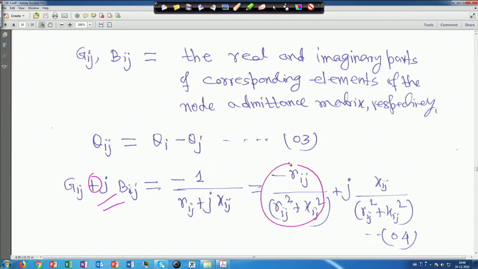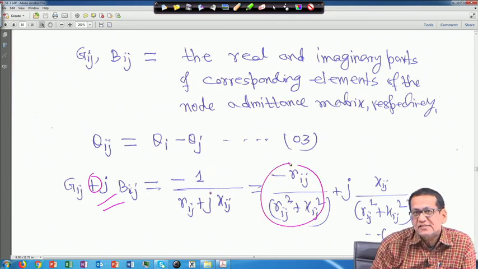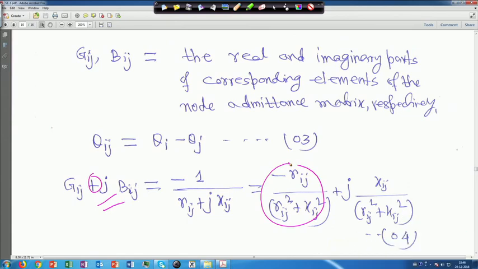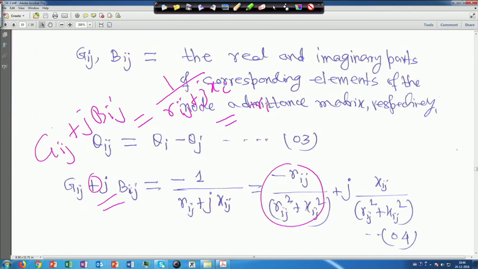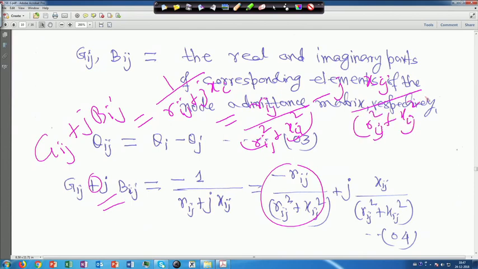So, this part will be minus R_ij upon R_ij squared plus X_ij squared, plus jX_ij divided by R_ij squared plus X_ij squared. Later we will simply take G_ij + jB_ij equal to 1 upon R_ij + jX_ij, that is R_ij divided by R_ij squared plus X_ij squared, minus jX_ij divided by R_ij squared plus X_ij squared.